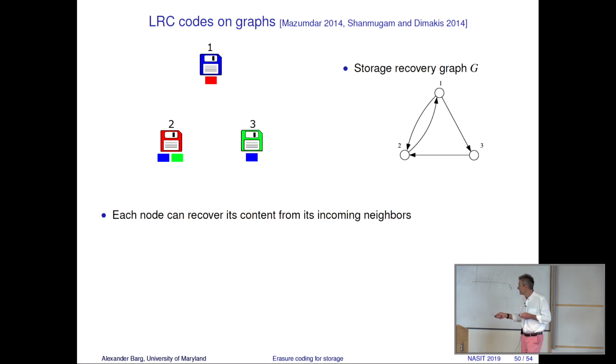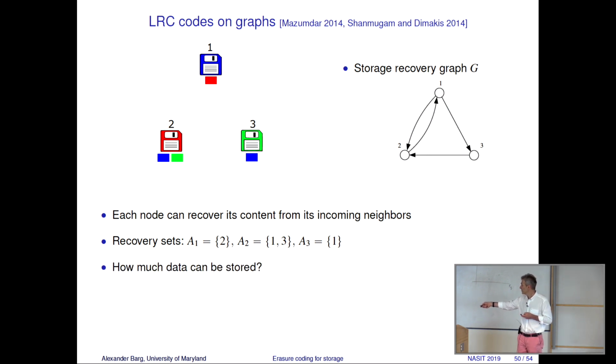Let us say that each node can recover its content from its incoming neighbors. So the recovery sets are 2 for node 1, 1 and 3 for node 2, and 1 for node 3. And the question is how much data can be stored on such a graph under these constraints. This is as natural a question as it can be.